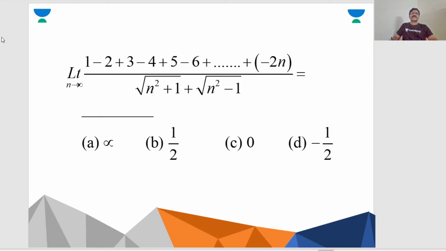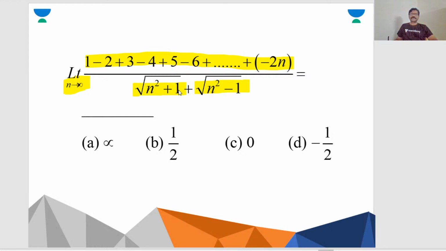Now, limit n tends to infinite, (1 minus 2 plus 3 minus 4 plus 5 minus 6 and so on minus 2n) by (square root of n square plus 1 plus square root of n square minus 1).